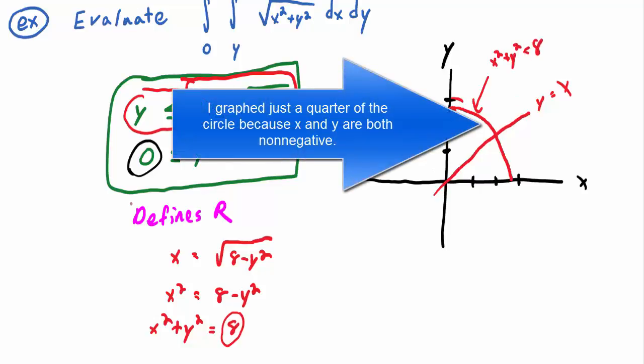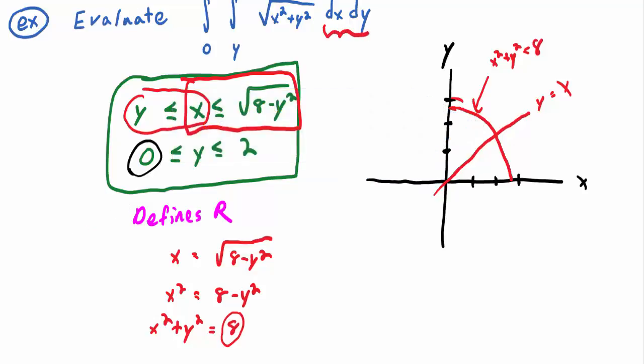Okay, so what do I know? Well, I have the differential order dx dy, which means horizontal representative rectangles. That's important to realize. So I'm not sure what my area is yet. Is my R in here, or is it in here? Well, if you draw your rectangle appropriately, you'll be able to tell.